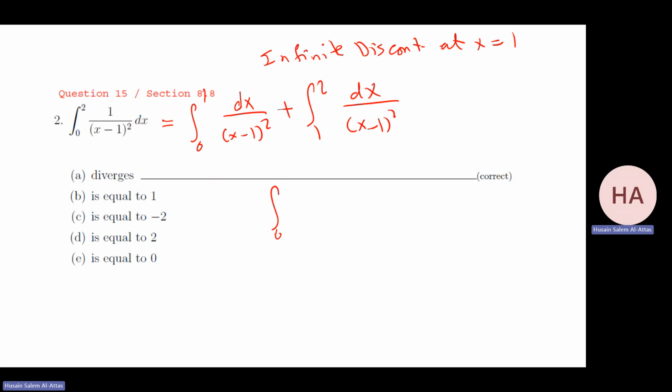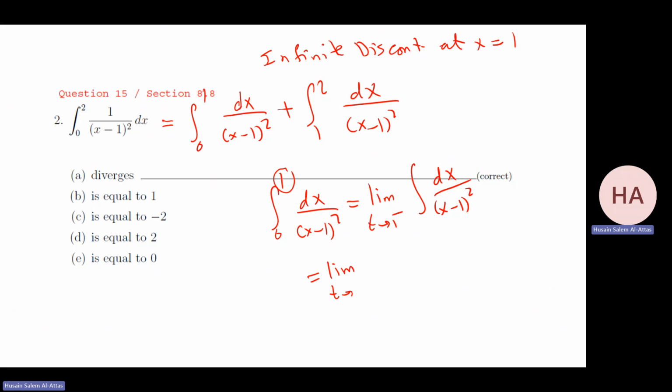Let me do 0 to 1. That will be what? My concern is about the 1. So I'll make it limit t goes to 1 from the left of the integral of dx over x minus 1 squared. Let me do this integration. No need, I can do it quickly.